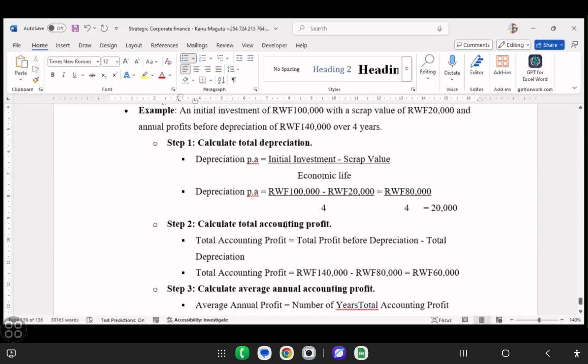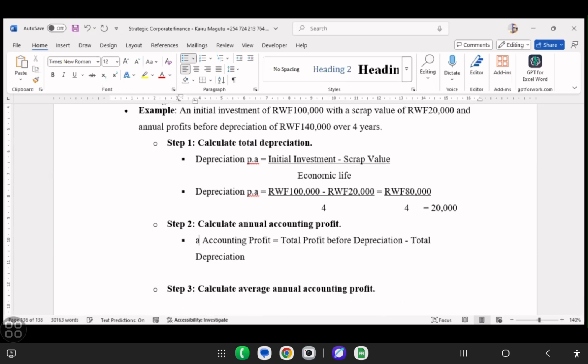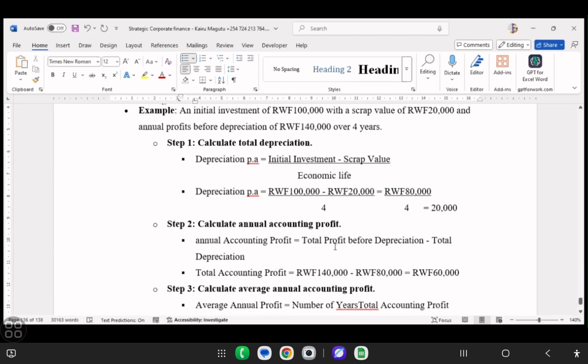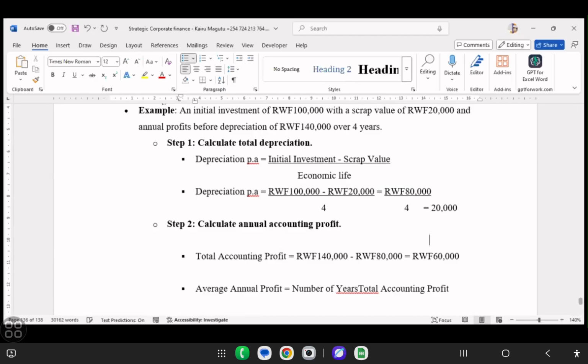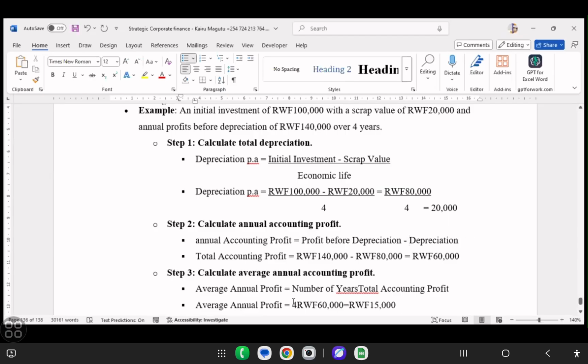We said to calculate the annual accounting profit. Our annual accounting profit is equal to the annual profit before depreciation and tax minus the depreciation per annum.